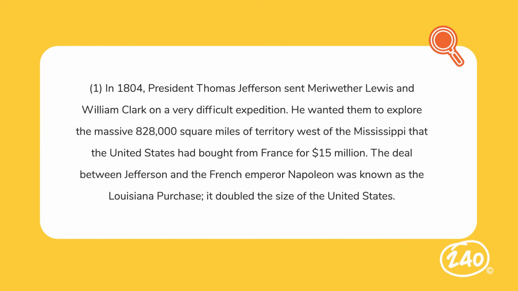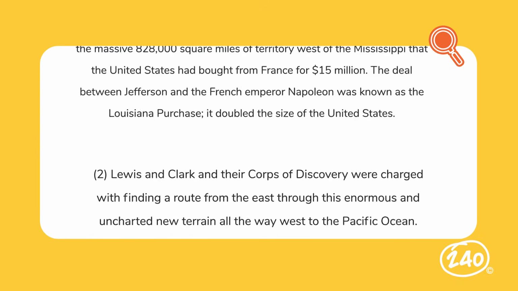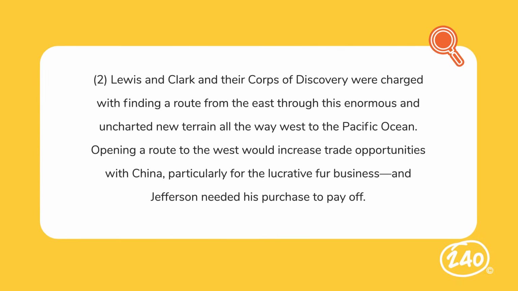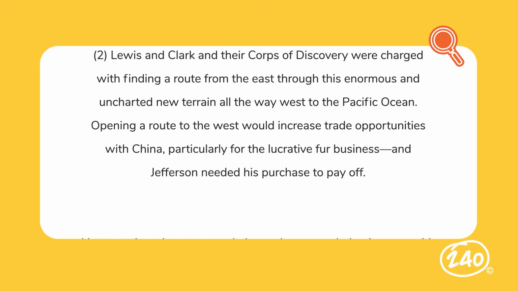It doubled the size of the United States. Lewis and Clark and their Corps of Discovery were charged with finding a route from the east through this enormous and uncharted new terrain all the way west to the Pacific Ocean. Opening a route to the west would increase trade opportunities with China, particularly for the lucrative fur business, and Jefferson needed his purchase to pay off.